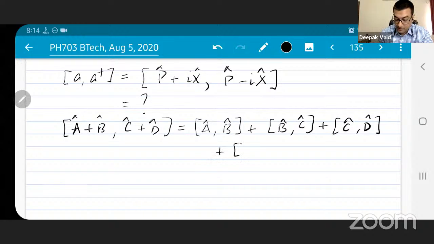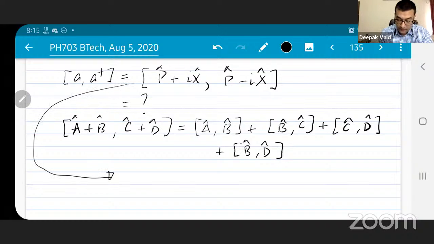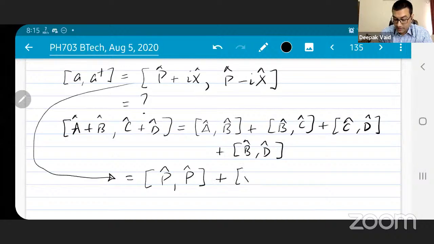It is linear in each term. You will just get a sum of the linear terms, right? So if I look at this now, what will I get? Well, I'll get a commutator of P, then I'll get plus x, but these are just going to be 0, right?